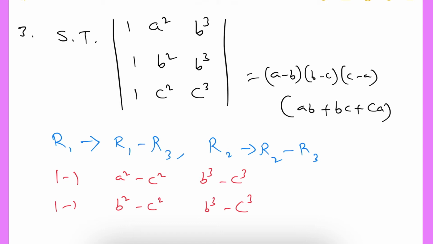Oh, sorry, here the question I wrote wrong. This is a cube actually. So here also it will come a cube minus c cube. Now the last row I am not doing anything, so it will be as it is, 1, c square, c cube.